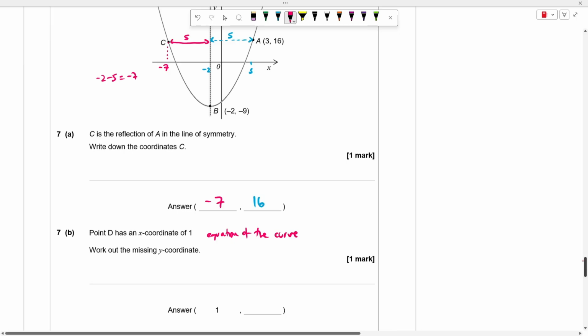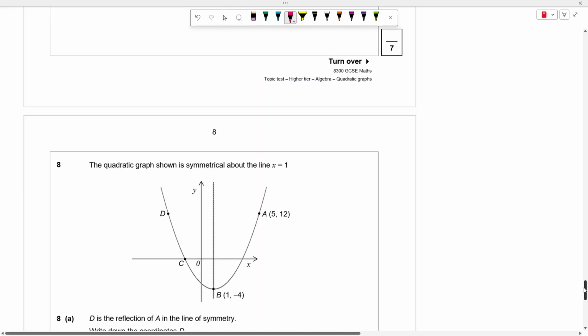As it's got a minimum point of -2, -9, that means that A is going to be +2 and B is going to be -9 in (x plus A) squared plus B. So the equation of the curve is y equals (x plus 2) squared minus 9. So substituting x equals 1 into this, we end up with 3 squared minus 9, which gives us an answer of 0. So the y ordinate is going to be 0.